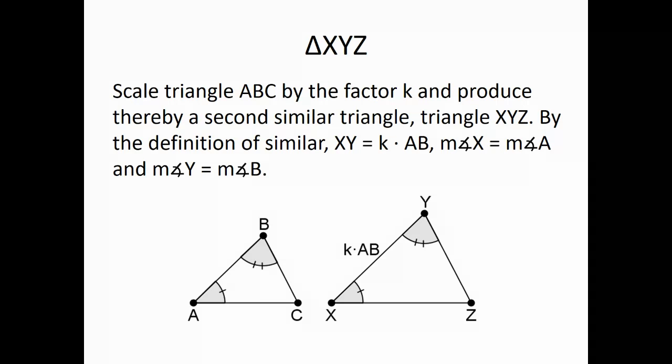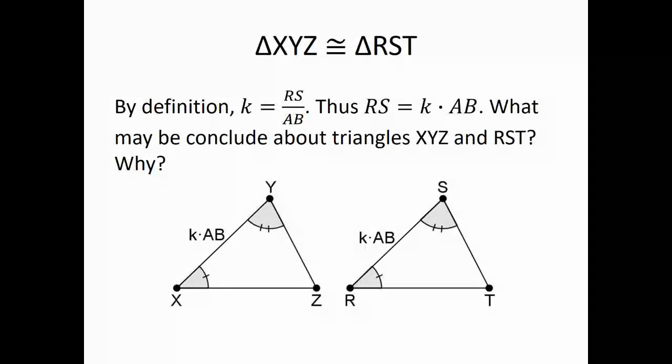And notice as well that I've also shown what the side length XY must equal. We scaled side lengths of ABC by K to get the side lengths of XYZ. So of course then XY is K times AB. AB and XY correspond. All right, so now let us consider the relationship of triangle XYZ to triangle RST.